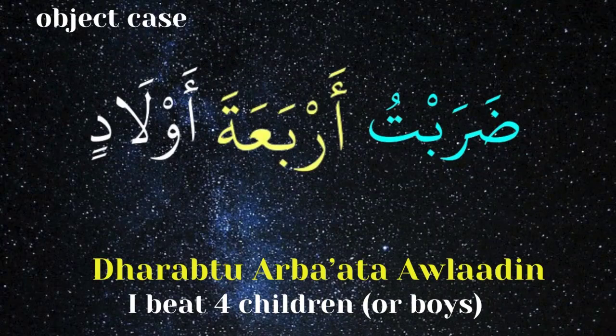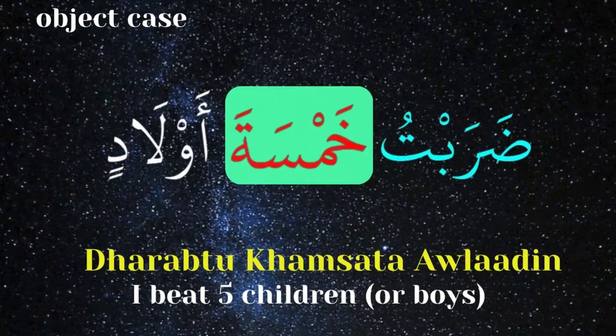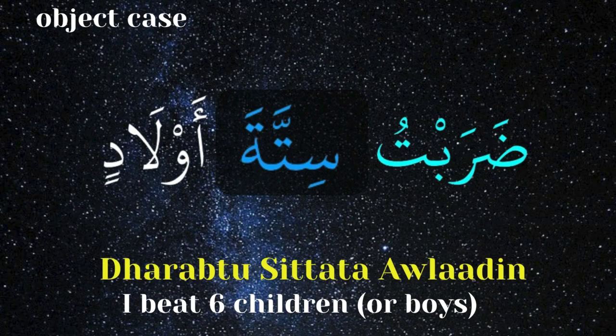I beat 4 children. Ma arba'ati awladin, with 4 children. Darabtu khamsata awladin. I beat 5 children. Ma khamsati awladin, with 5 children.